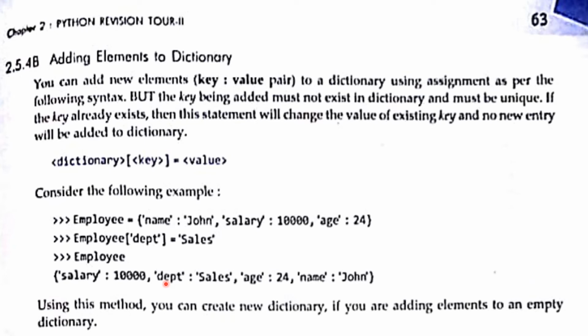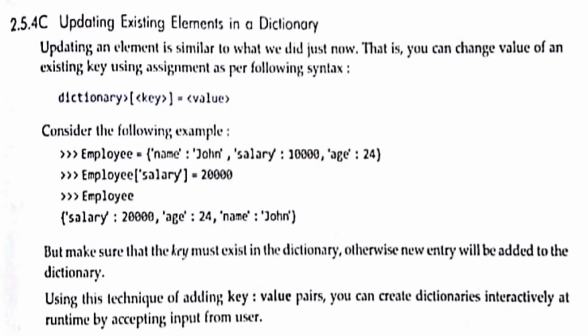But suppose if you would have given the same key salary and given the value of salary, say 20,000, then it would have changed here only the value of salary. Here we have covered the next operation also, that is updating existing elements. So we have seen that if the same key name is given, then the value is updated.